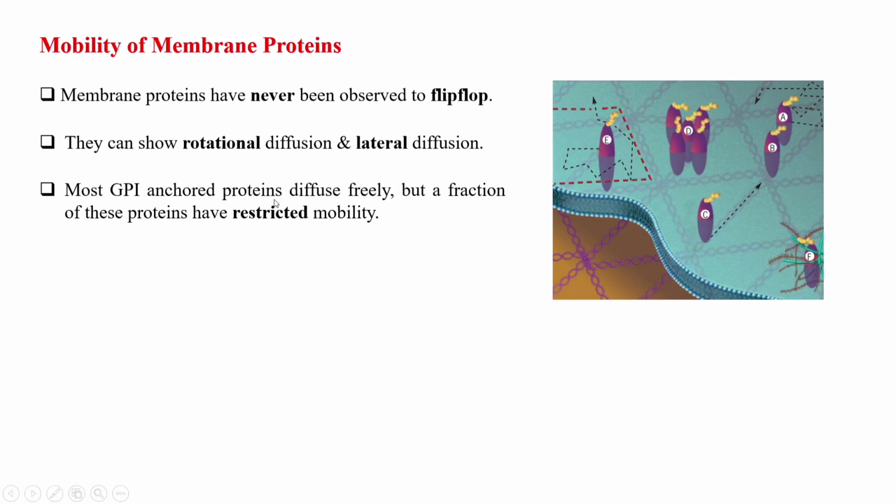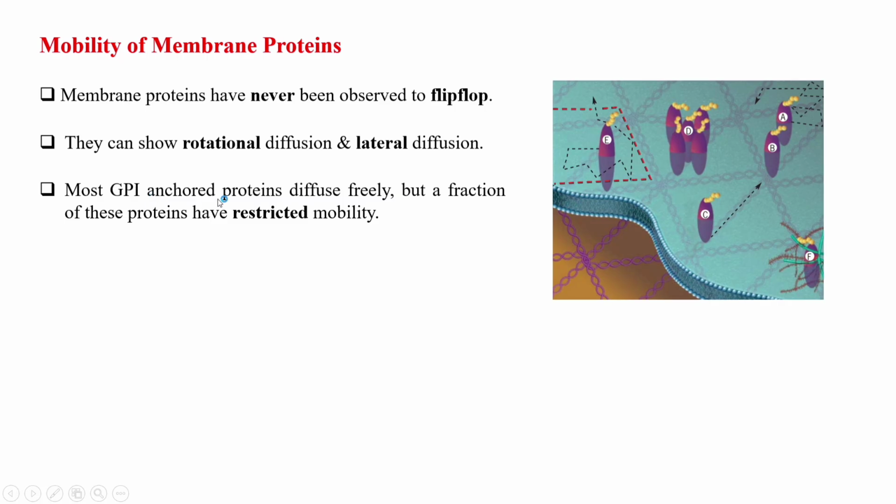Now, most GPI anchored proteins. What are GPI anchored proteins? I have already made a separate video on membrane proteins. In that video, I mentioned that there are three major categories of membrane proteins: integral membrane proteins or transmembrane proteins, lipid anchored proteins, and peripheral proteins.